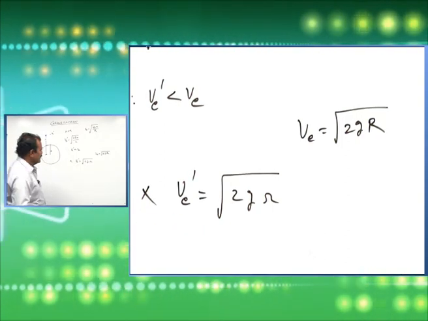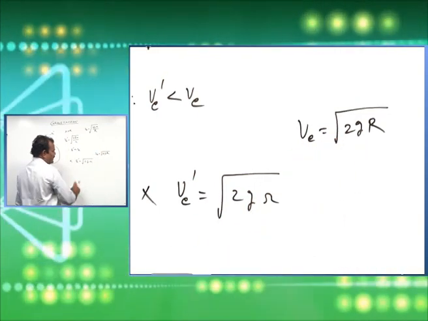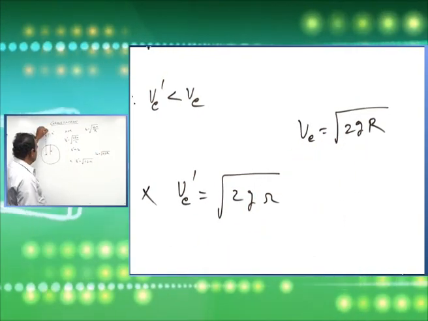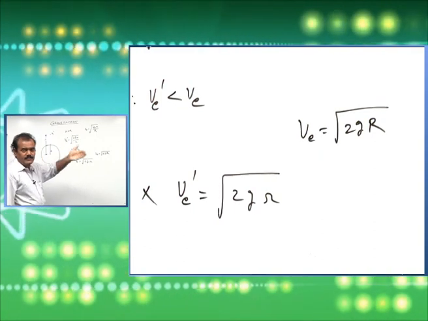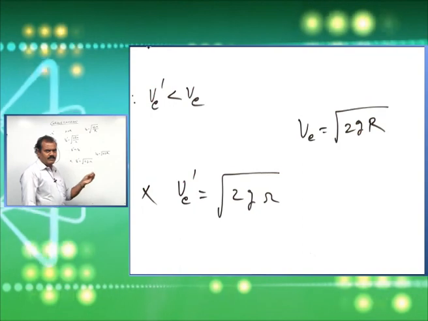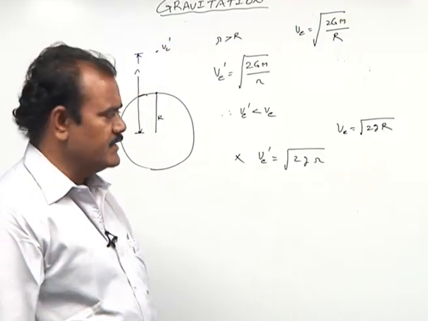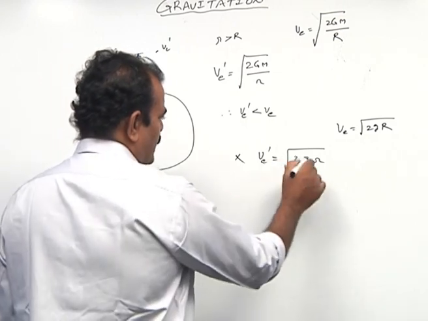Why? Because here you have taken the small g the same in both cases, but it cannot be the same. When the body is projected from some height above the surface of the earth, small g definitely changes, because we have already proved that at altitude small g decreases. So you don't apply this formula.